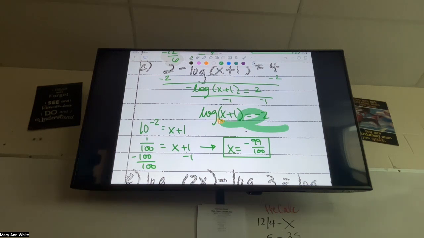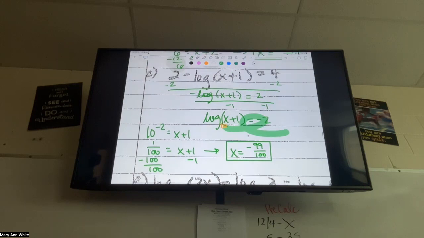If you want to use a decimal, that's totally fine. I like challenging myself to do a fraction if I can. If you do a decimal, it's gonna be negative 0.99. And while that negative might stress us out, don't worry, because if I were to plug that in, it's still a number that's smaller than 1. So if I have this negative number that's smaller than 1 plus 1, it will still end up being a positive number.